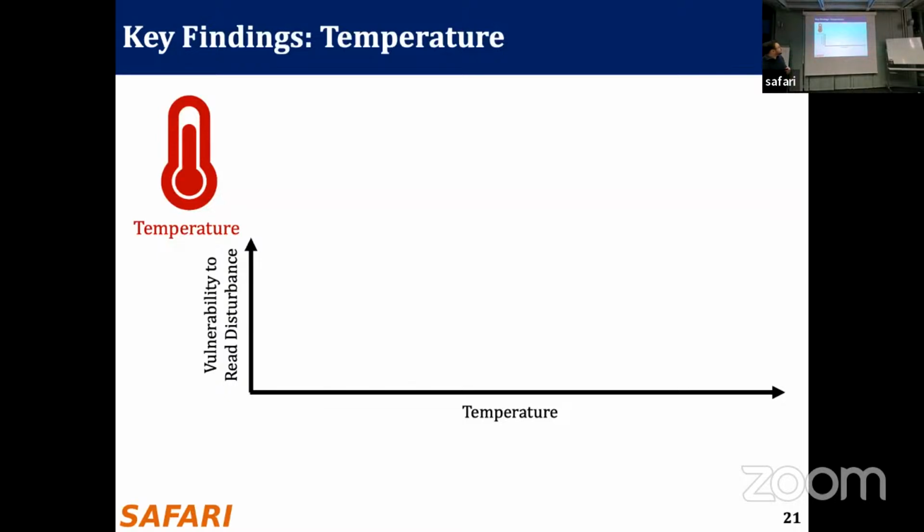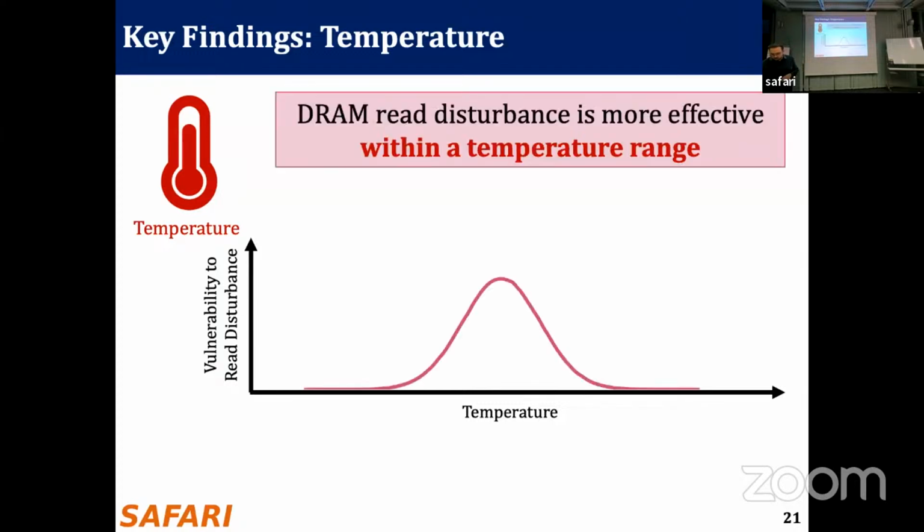This is a high-level, cartoonish representation of the effect of temperature. On the x-axis, we have temperature increasing from left to right. Imagine that on the y-axis there's some metric that identifies the vulnerability to DRAM read disturbance for a given DRAM cell.